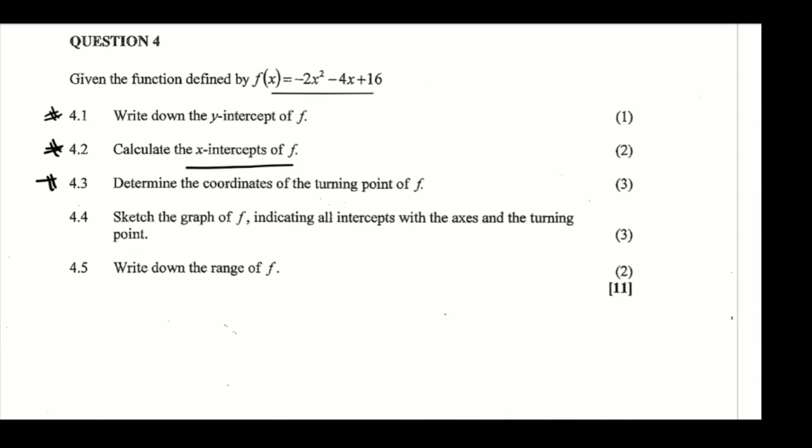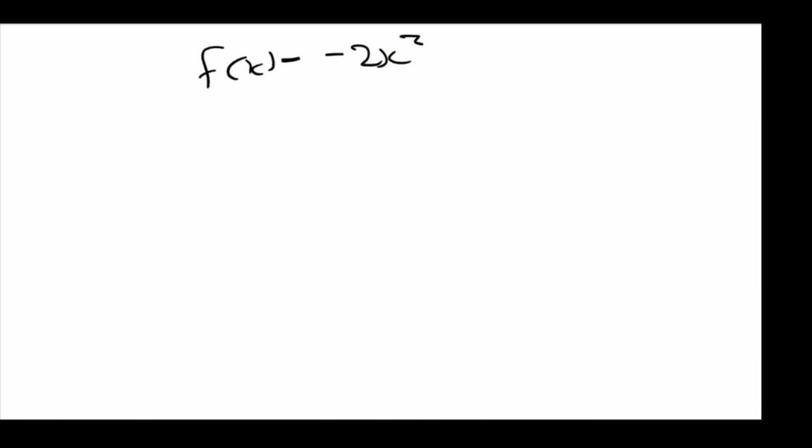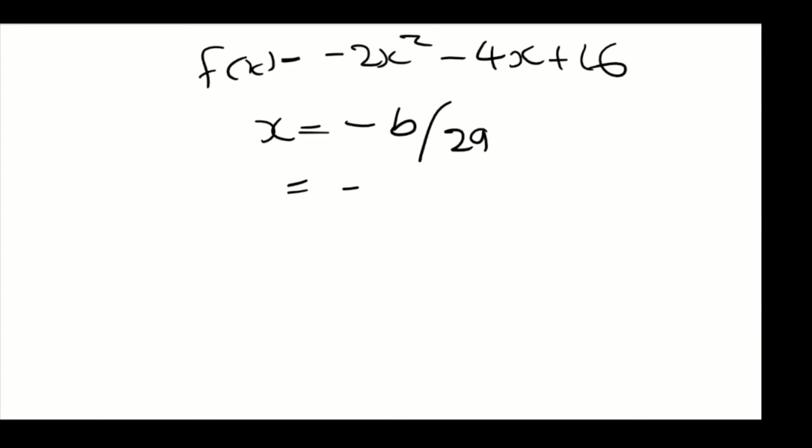Now in 4.3, we are asked to find the coordinates of the turning point of f. Having our f of x equals minus 2x squared minus 4x plus 16, the turning point is x equals minus b over 2a, where our b is minus 4 divided by 2, and our a is minus 2.